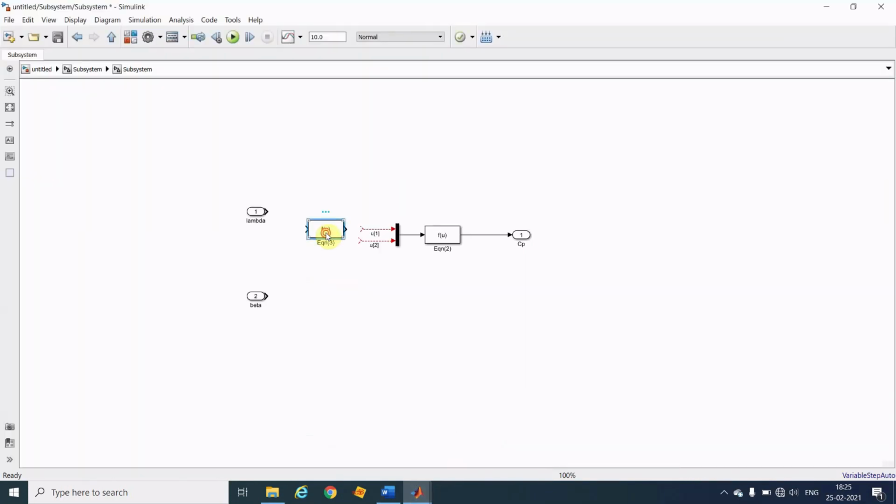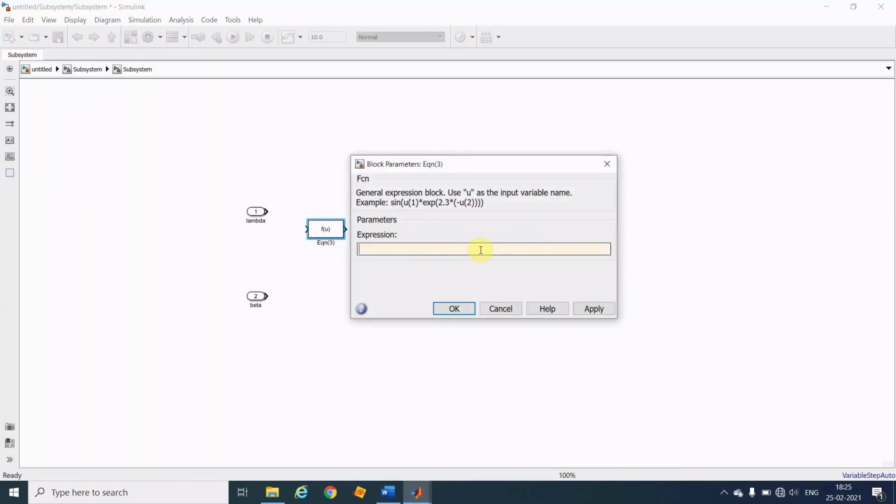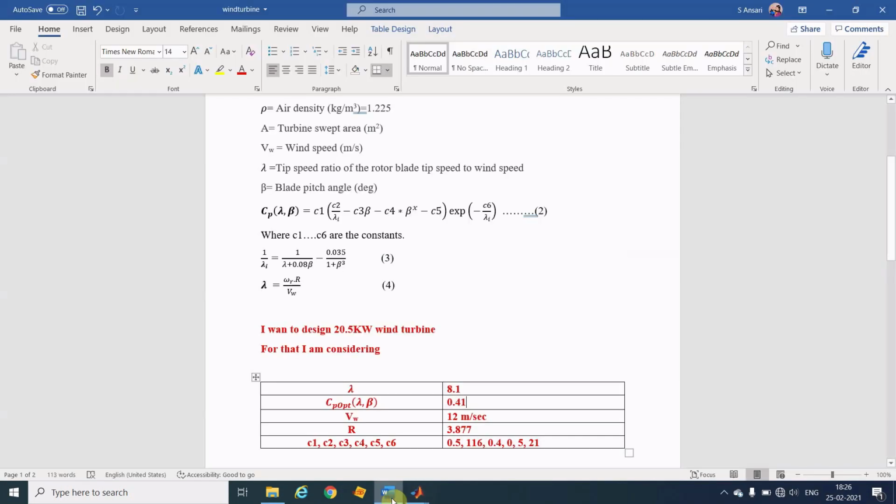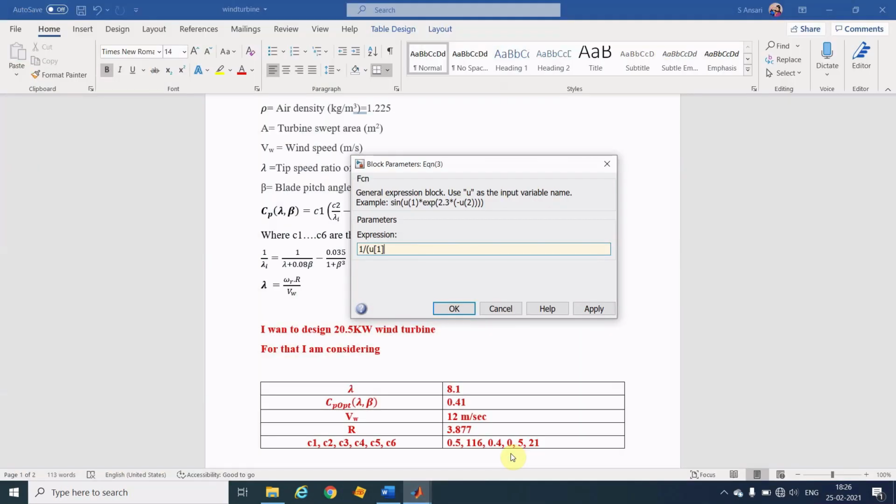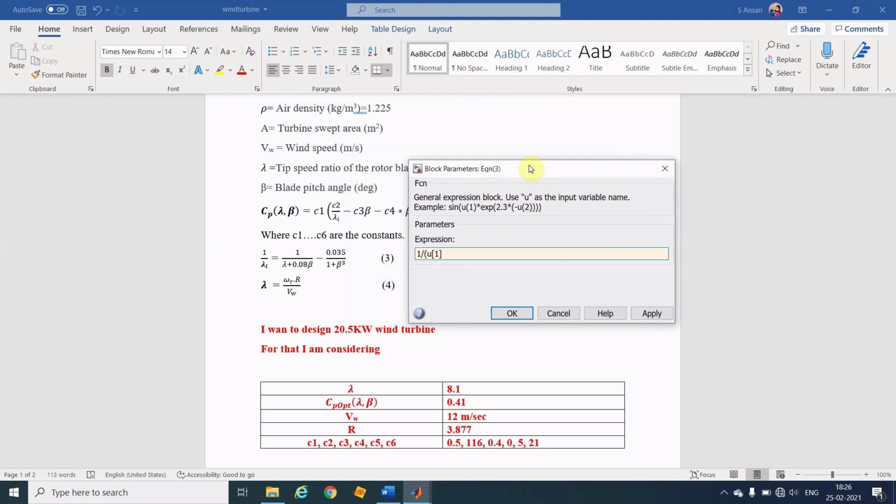So just here, so 1 by, okay, that is consider u1, that is lambda here as per equation 3. So this is lambda plus 0.08 beta.